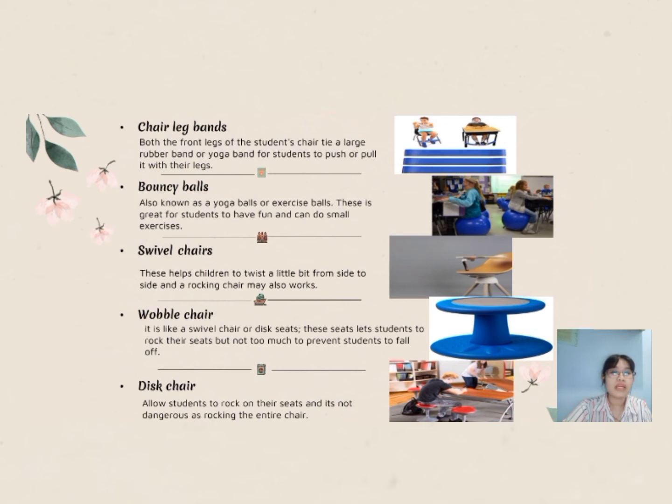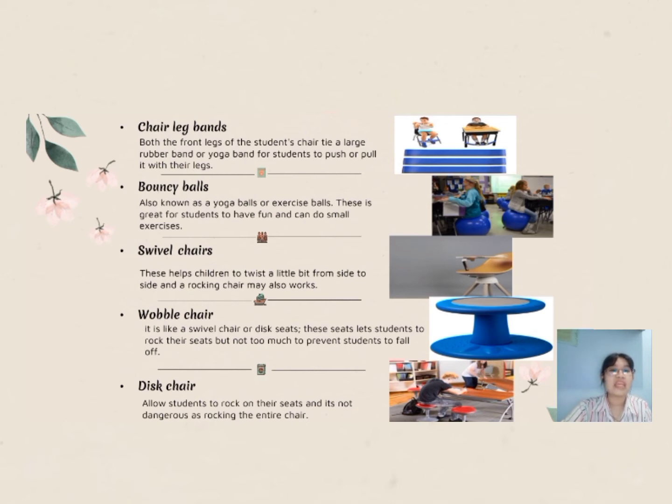So, ano po ang pinagkaiba ni wobble chair kay disc chair? Wobble chair po is fixed in one size. And the disc chair po, pwede mo siyang iangat and ibaba. So, meron siyang adjustment sa ilalim. But sinabi na si disc chair is not as dangerous as the rocking chair, kasi po si disc chair pwedeng mababa.